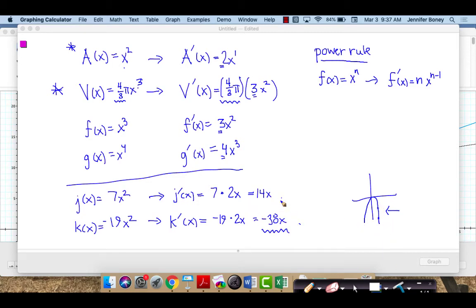If x is something negative, I'm going to get positive results from this formula. Well, if I look at this downward-facing parabola, where x is negative, the slope between 2 points, in any little tiny circle I could draw, is going to be some sort of high positive slope. And when x is 0, the vertex, again, I get 0 as a result for either of those and anything else that is the same format.